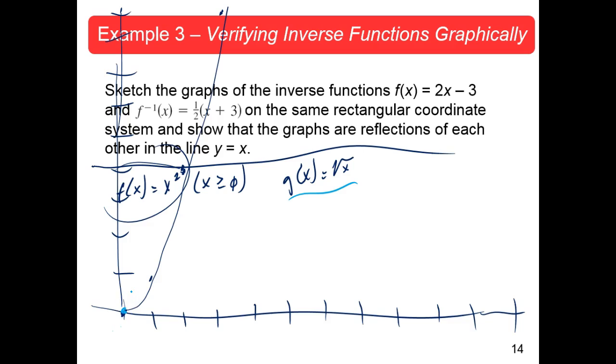0. Got that one. Give me another x. 1. And 1 also. Hey, are these the same graphs? I don't think so. Give me another x. 9. That's a good one.